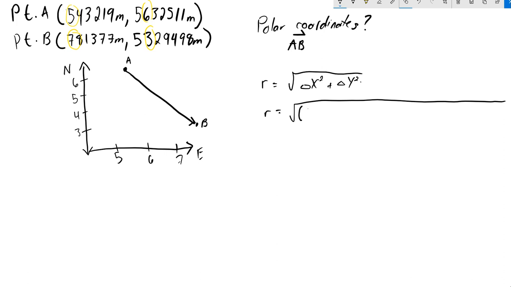So we got the end point, and if you do this as a habit, it makes it much easier when it really becomes necessary. 3,219 squared plus the 5329498 minus 5632511 squared. And then we're going to calculate that through.